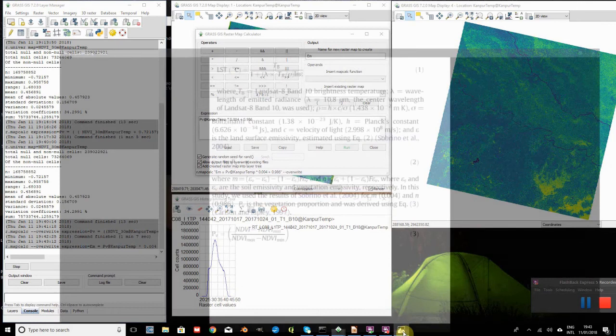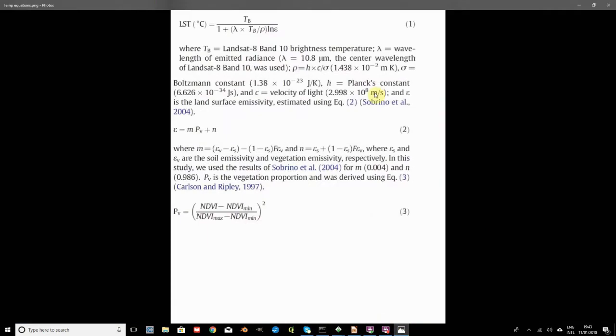What else are we going to need? We are going to need to go through these constants here. Everything is in meters, so we're going to have to be careful about the microns here. This is all in SI, meters, kelvins, so we just have to be careful.